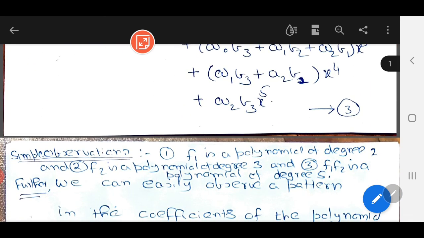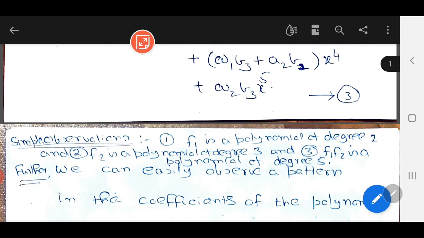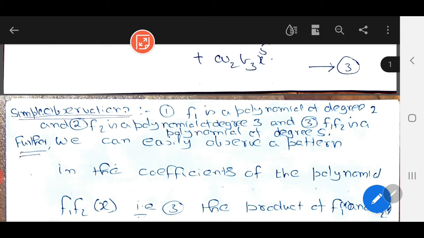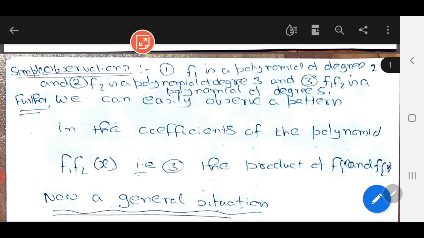Now some simple observations. f1 is a polynomial of degree 2, f2 is a polynomial of degree 3, and f1 f2 is a polynomial of degree 5. Further, we can easily observe a pattern in the coefficients of the product of f1 of x and f2 of x.